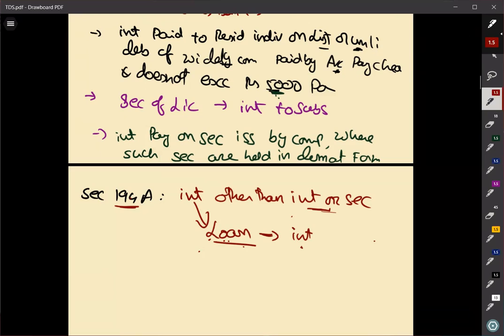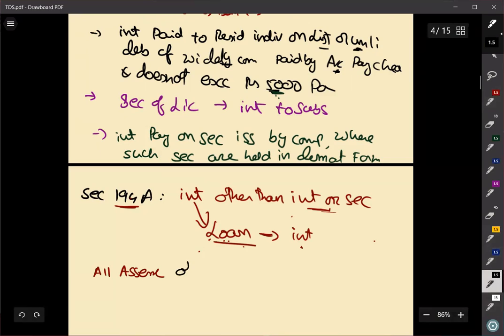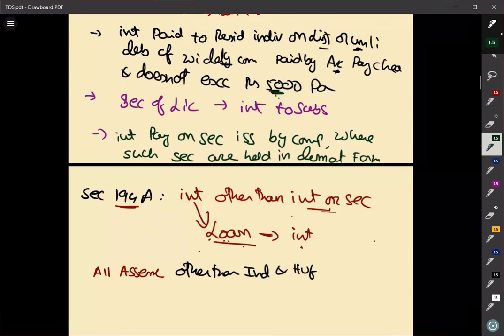Now let us see, this applies for whom? This applies to all persons other than individual and HUF.